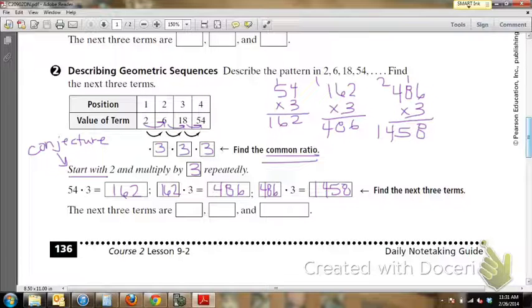So the next three terms are 162, 486, and 1458. Okay. Now let's move on to the last part here.